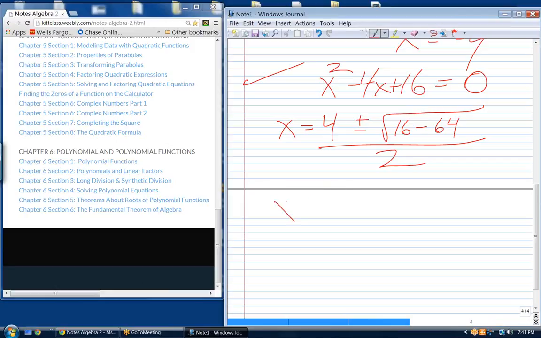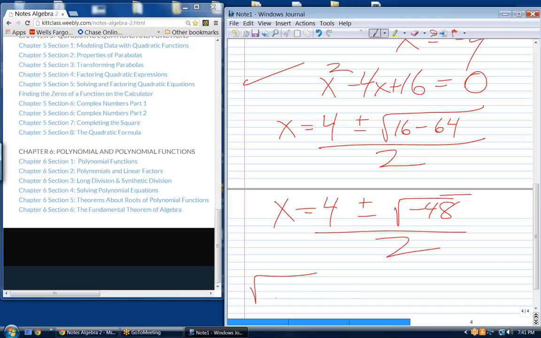Okay, now simplify. Plus or minus the square root of negative 48. Okay. And what is the root of negative 48 equal to? Look for factors of 48, one of which is a perfect square.